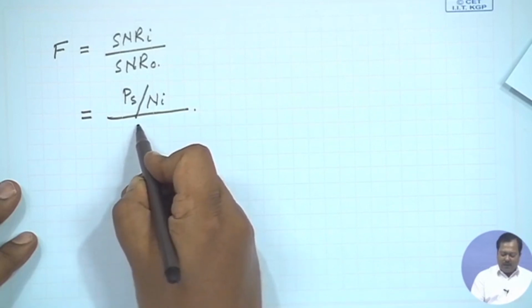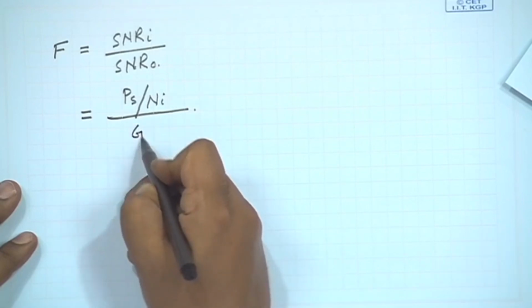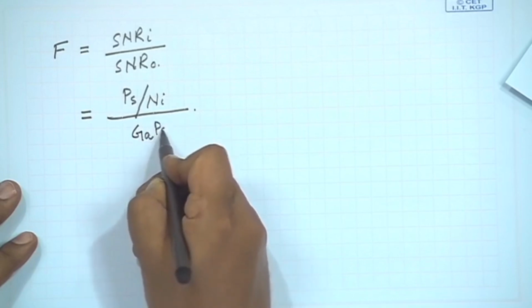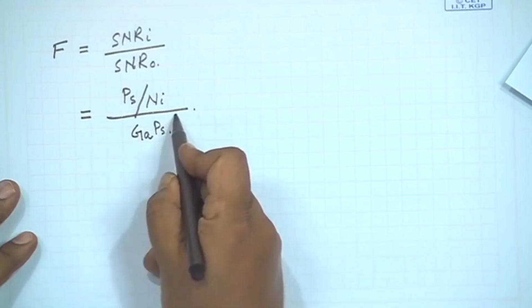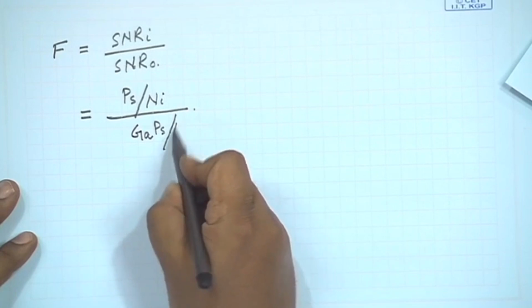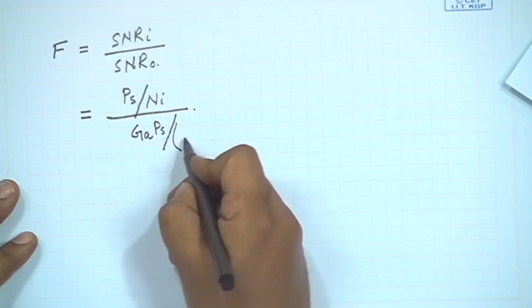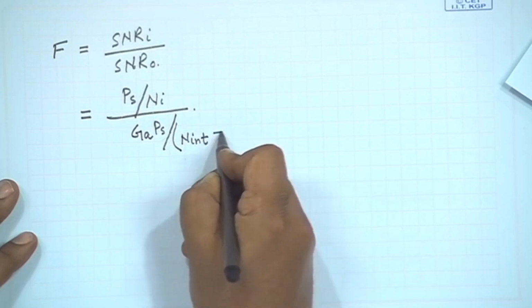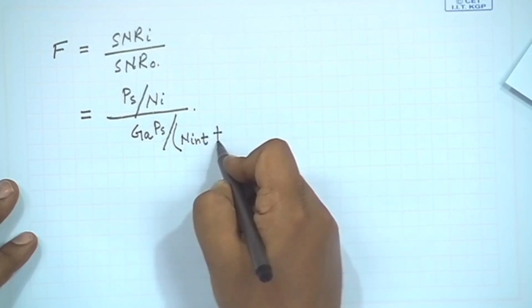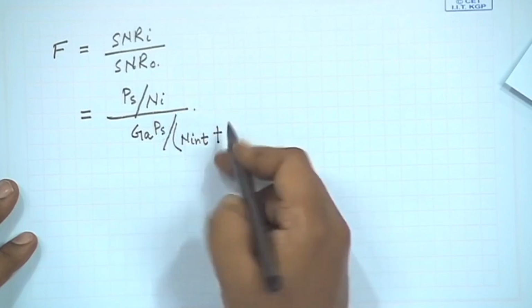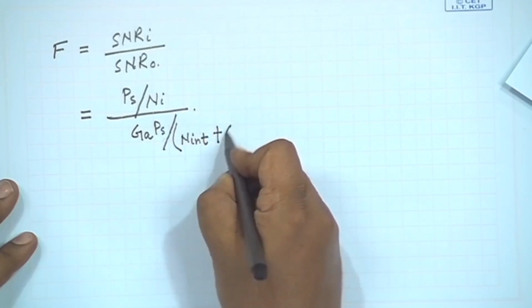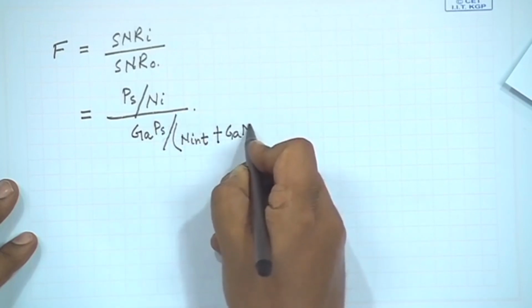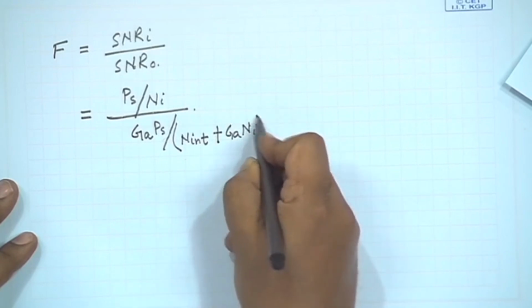The available power is the amplification factor Ga multiplied by PS, divided by the total noise. Total noise is some noise internally generated inside the two port device plus the contribution from the left hand side, which is Ga into Ni.